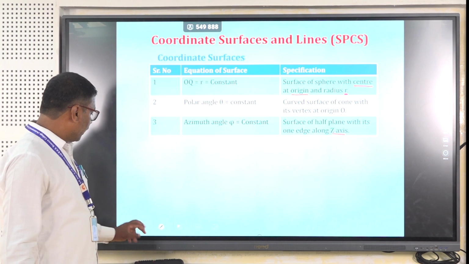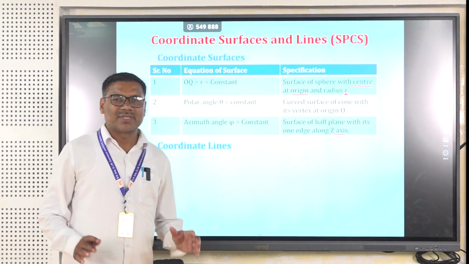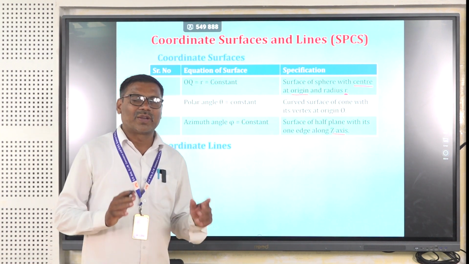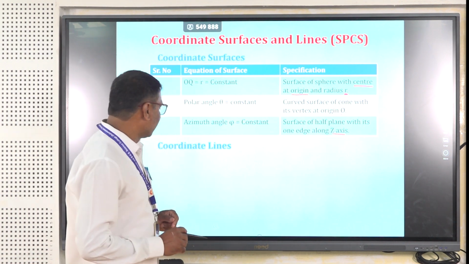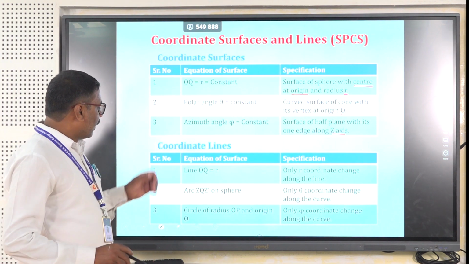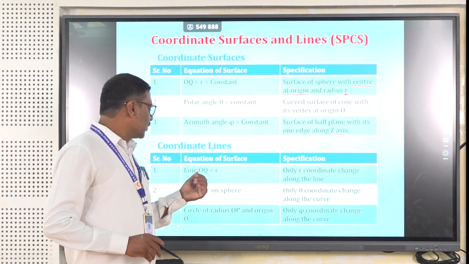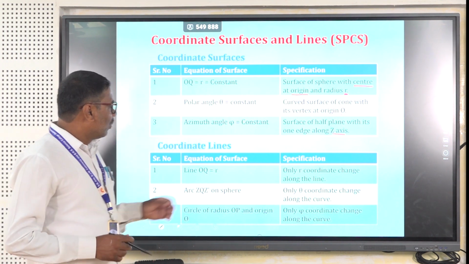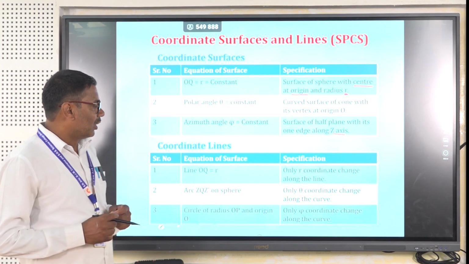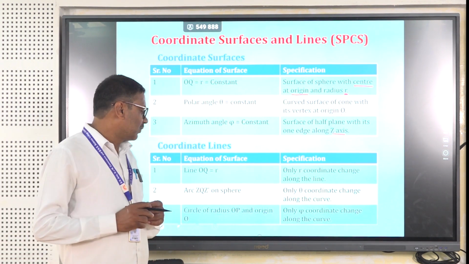Now the coordinate lines. A coordinate line is the intersection of two coordinate surfaces, and along a coordinate line one coordinate is varying and the remaining two coordinates are fixed. First for the r line, OQ is equal to r. Along that line coordinate r is varying and coordinates theta and phi are fixed.